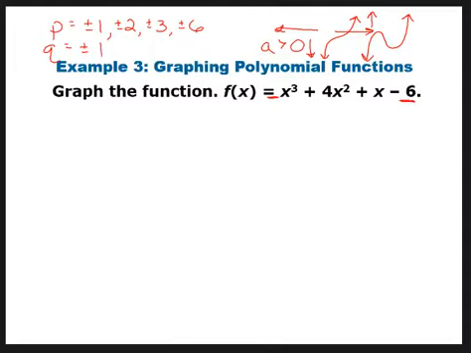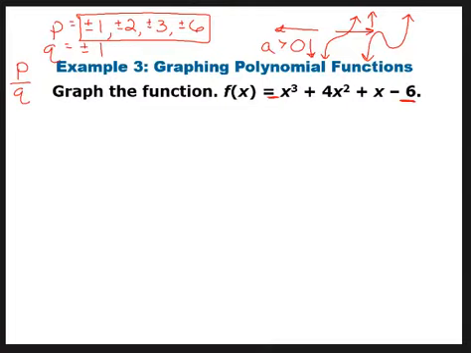This is like a lot of the examples we did in class. Because q is just 1, usually, to find your possible roots, you take p and divide it by q. Here we don't really have to do that, because p divided by q is just going to give us whatever all these p values are. So those are all my possible roots.